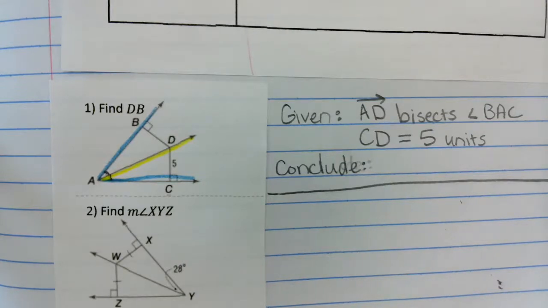Okay, so because we know it's a bisector, we know those angles at that vertex are congruent. What does that tell us about the segments at the end of that angle? What do I know about the CD?